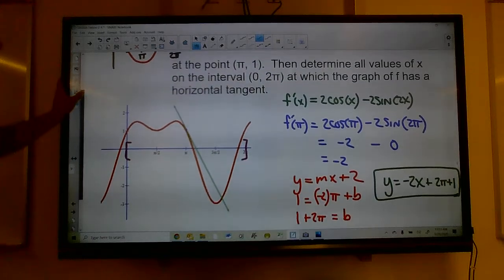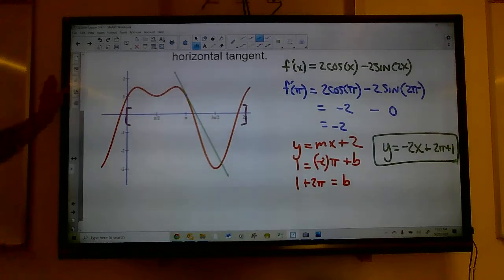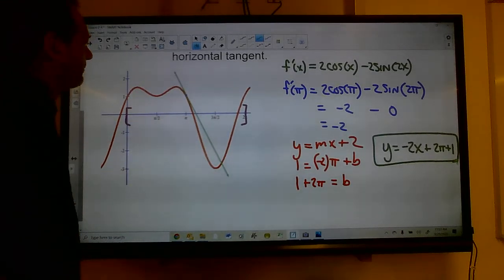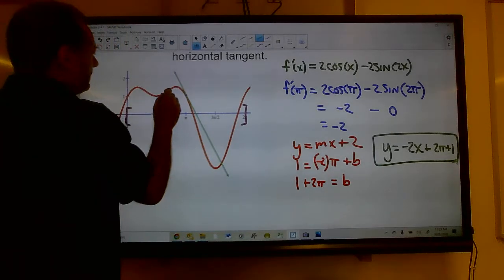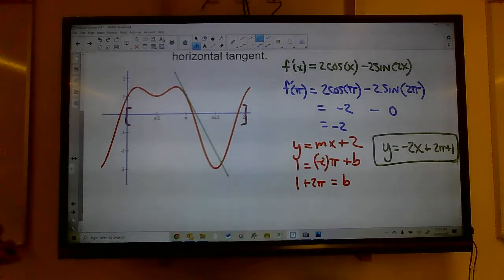Determine all values of x on the interval 0 to 2 pi at which the graph of f has a horizontal tangent. Okay, so if it has a horizontal tangent, it looks like there's 3 points here, because that's where the tangent is going to be a horizontal line. It's going to have a slope of 0.